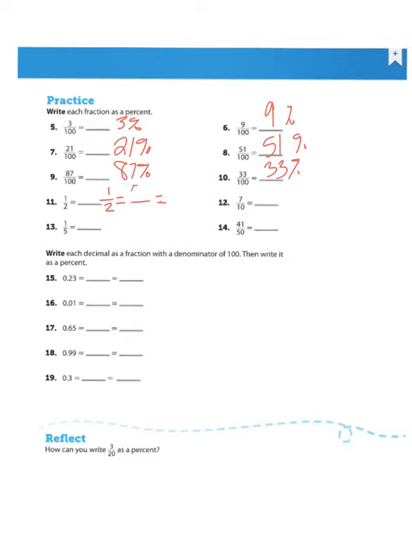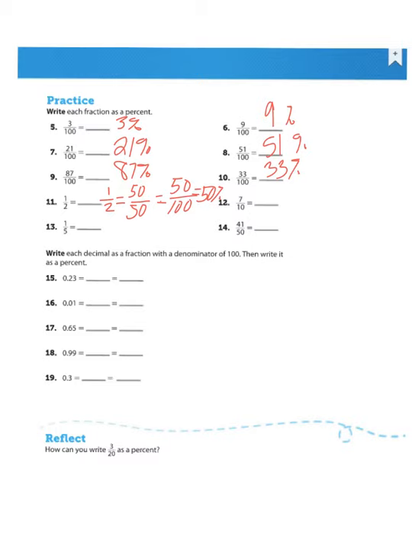So I know that if I multiply the top and the bottom by 50, I'm going to get my denominator of 100. And 50 times 1 is 50, so 1/2 equals 50%.